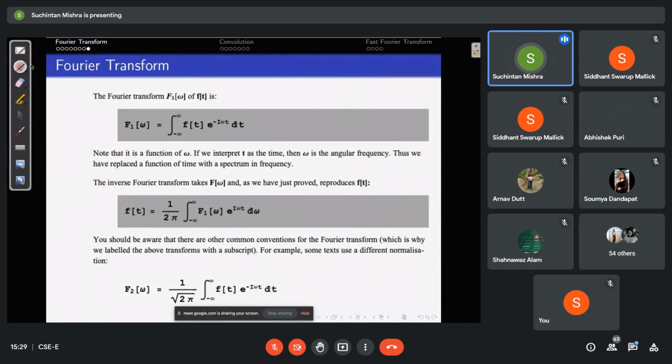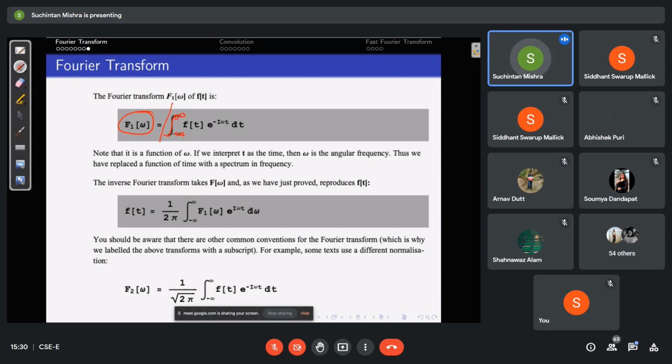Yes, these are the mathematical definitions of how you can convert to its corresponding frequency. Given f of t in time, we can find its frequency domain just by applying the Fourier transform.